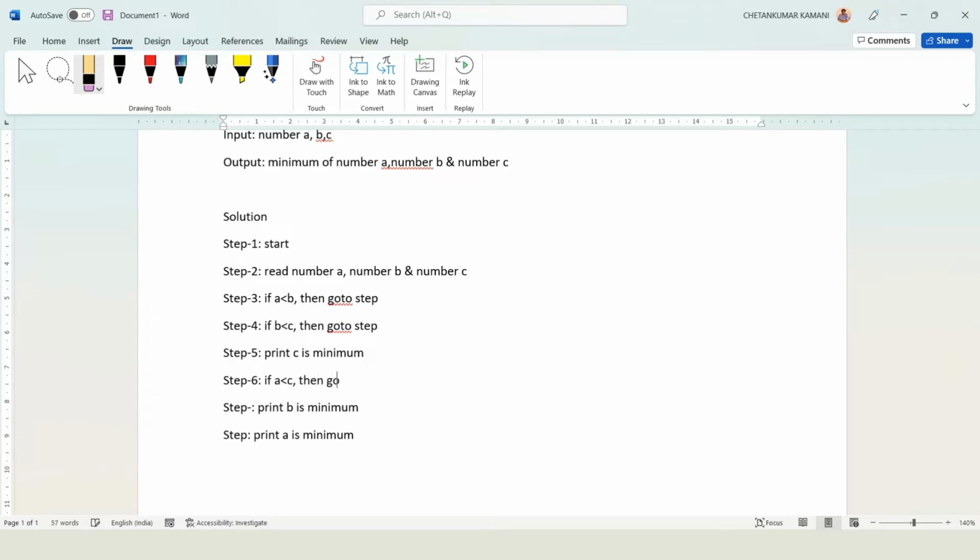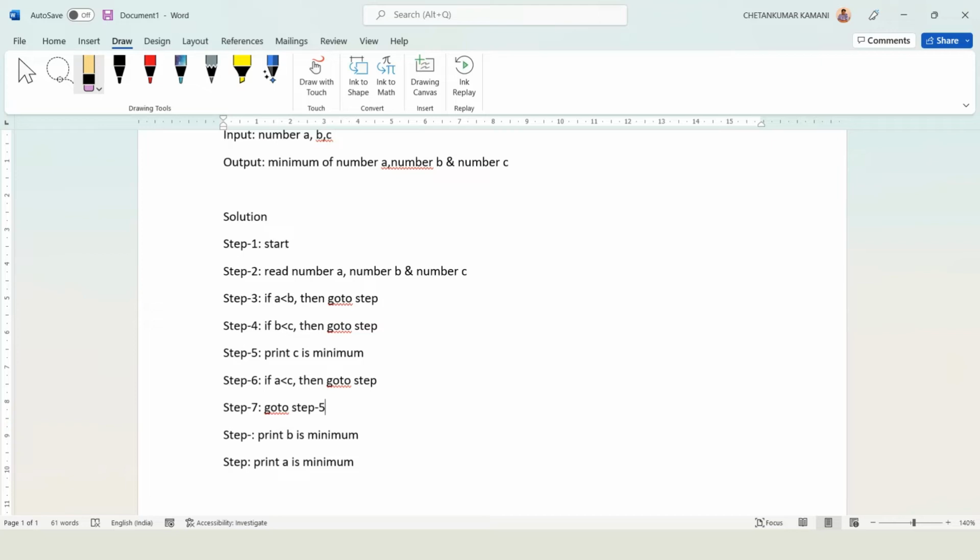Then go to a step, right now I don't know. If this is false, if A is less than C is false, then definitely C is minimum. So go to step 5.